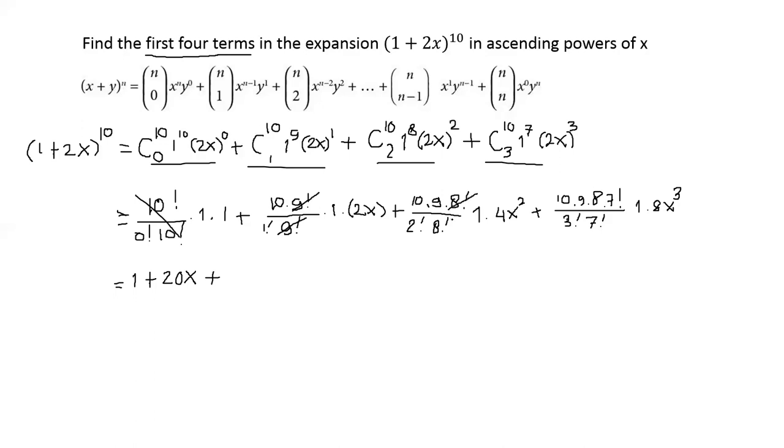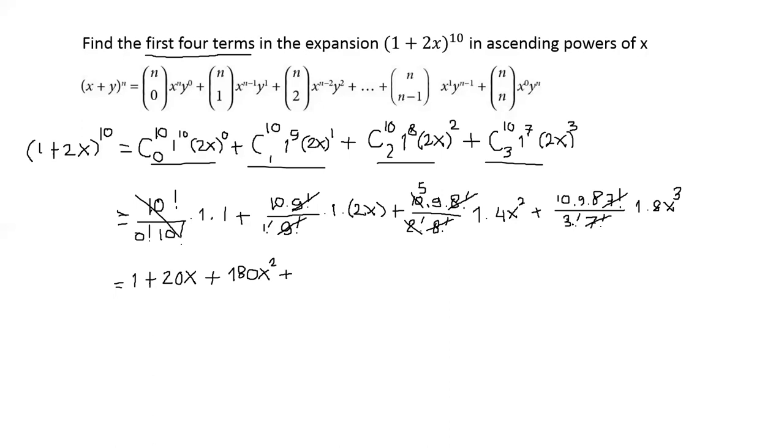Now we're going to calculate the third term. 8 factorial divided by 8 factorial is equal to 1. 10 divided by 2 equals 5. So 5 times 9 is 45, times 1 times 4 equals 180x squared. Plus this one, the fourth term. 3 factorial is equal to 6 because 3 times 2 times 1.